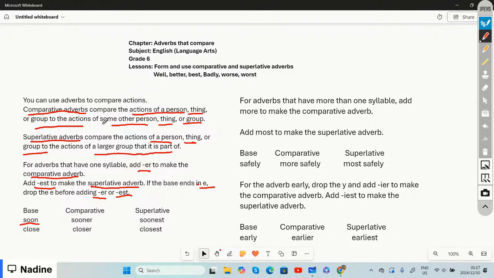Remember with the comparative adverb, we add er, and the superlative adverb, we add est. So soon, sooner, if you compare it to another person, another group, or another thing.